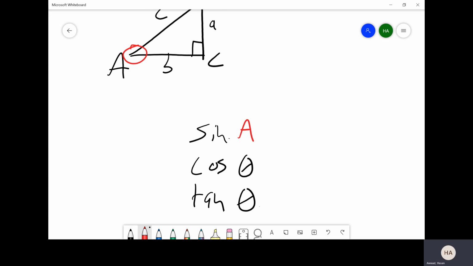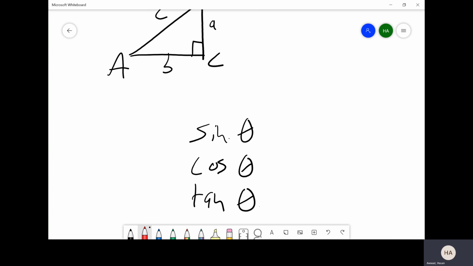You just replace theta with whatever your specific angle is. But in general, because we call our angles theta or phi, as we detailed in the last lecture, those are generally the Greek letters that we use. But it's not uncommon to see actual letters here that correlate to the triangle. Okay, so we have sine of theta, cosine of theta, and tangent of theta.